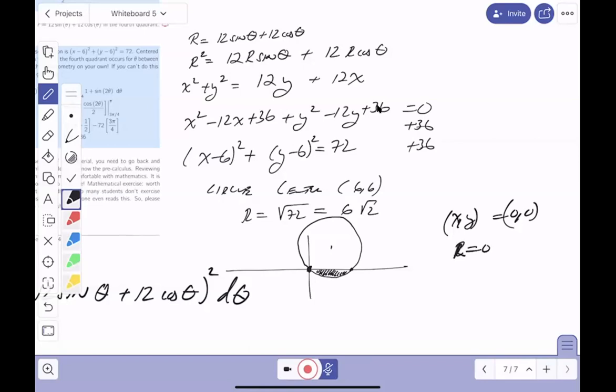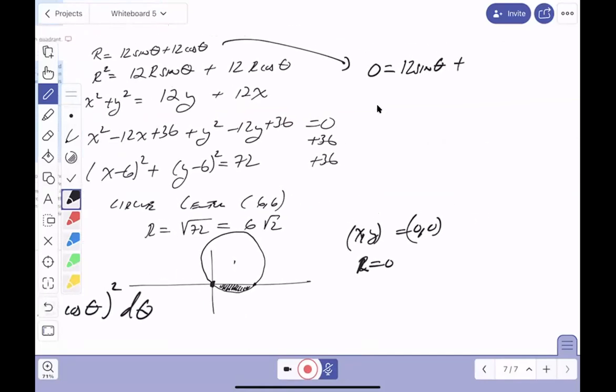Well, let me write this over here. If the r becomes 0, when this happens, and again, this is the part where I have to think. What does that mean? Well, let's write this down. 12 sine theta would equal minus 12 cosine theta. I'm going to divide both sides by cosine theta, and this looks pretty simple.